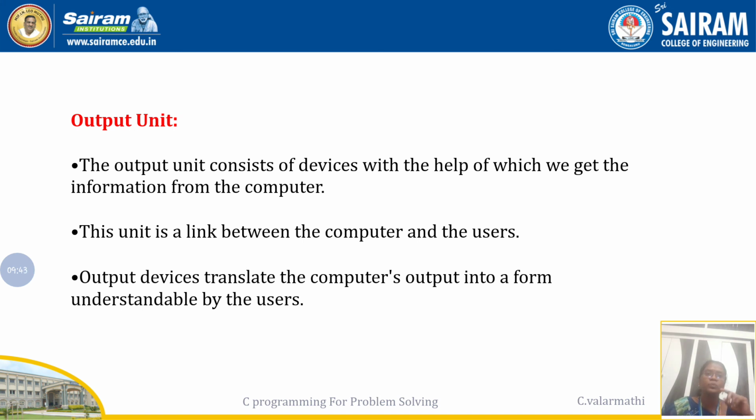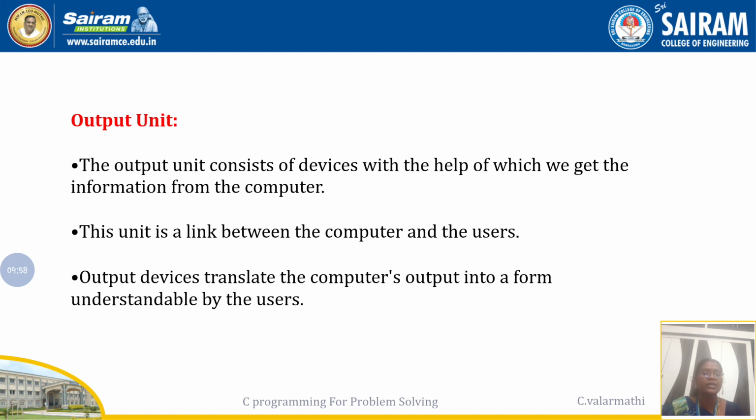The output unit consists of devices with the help of which we get information out to the user. The output unit transmits the result of the computer to the users.